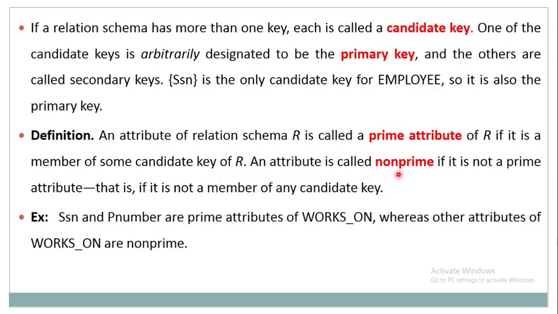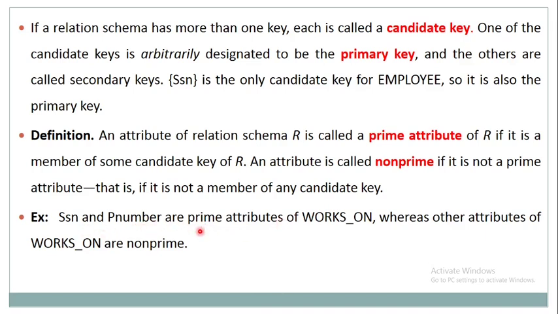An attribute is called non-prime if it is not a member of any candidate key. For example, student location or address is not a candidate key, so it is a non-prime attribute.